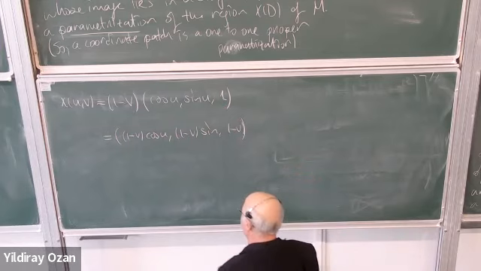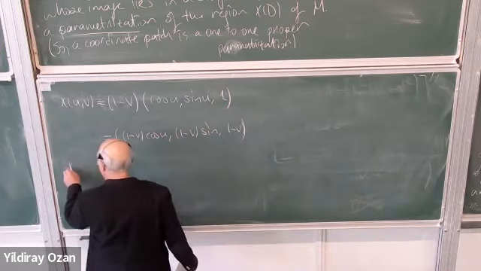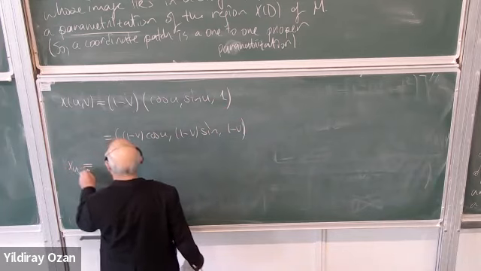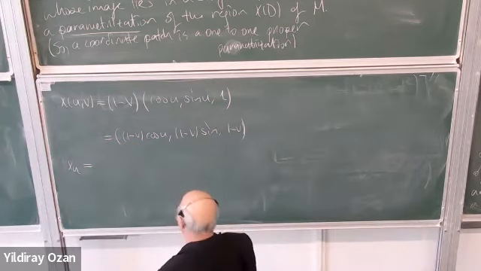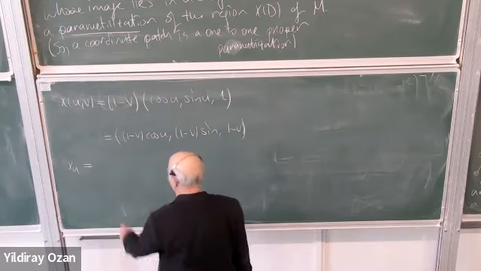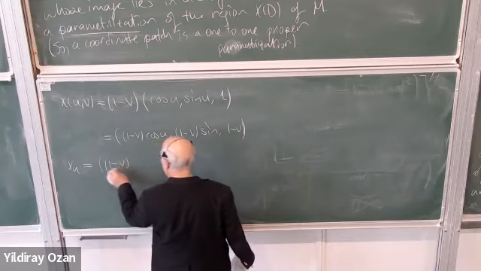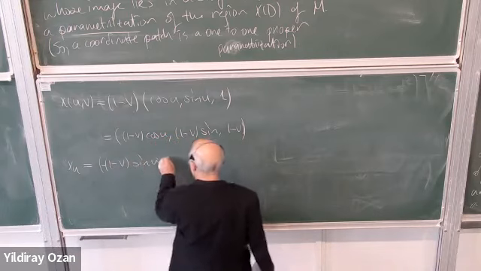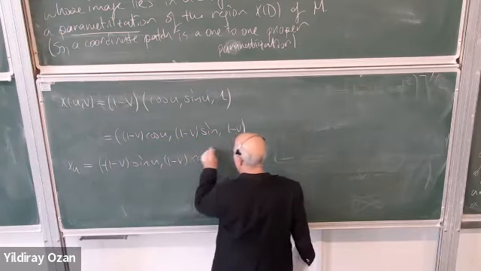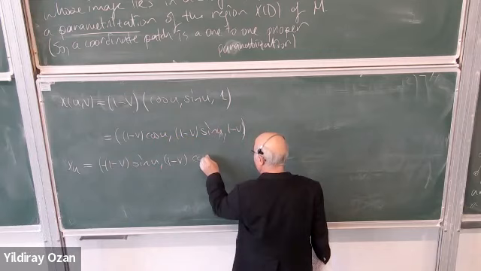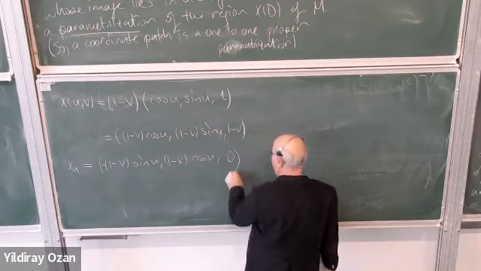Okay, what is x sub u? Derivative with respect to u is just 1 minus v, well, with a minus sign, sine u, 1 minus v cosine u, and 0.